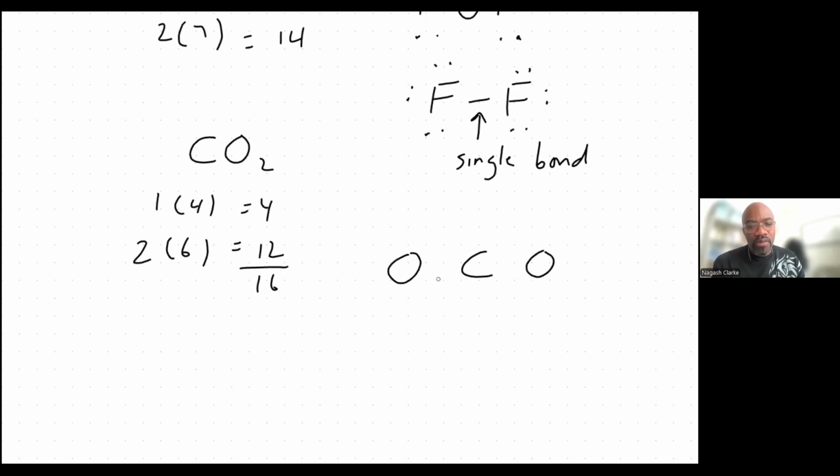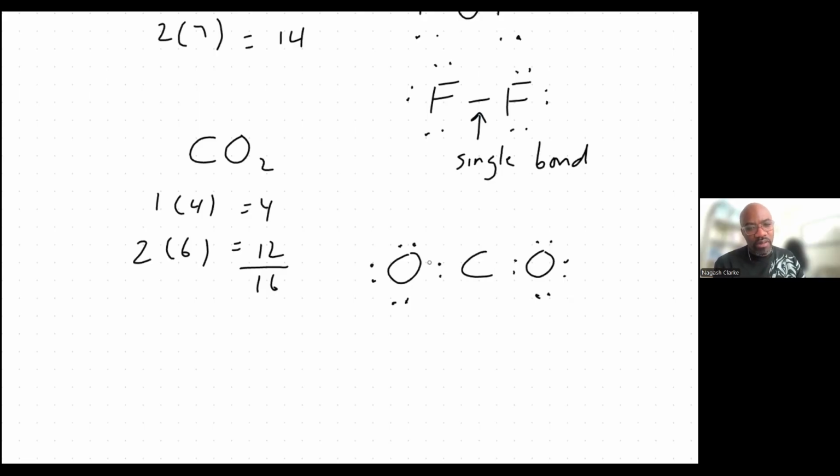Notice we're always putting electrons in pairs. So just taking care of the oxygens first, and you'll notice we use all of our 16 electrons, but carbon is still not happy.